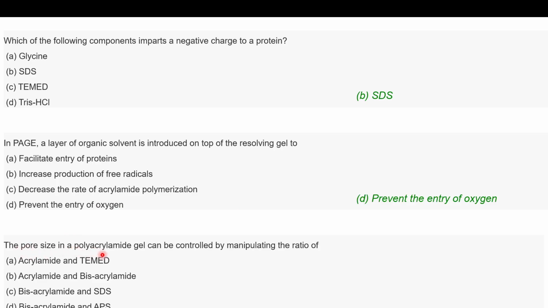The pore size in a polyacrylamide gel can be controlled by manipulating the ratio of, yes, acrylamide and bisacrylamide. So, what is the branching or cross-linking agent out of these two? Does anyone remember?